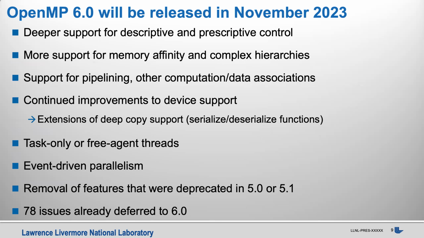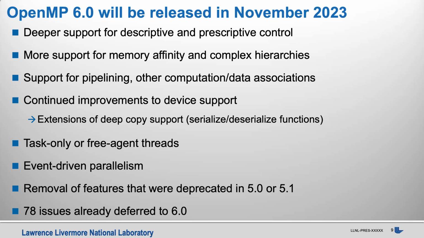So finally, OpenMP 6.0 is not being delayed as a result of the decision to release 5.2, so it will still be released in 2023. We expect many significant enhancements for it. We've got many things that we've already been discussing and that we deferred from 5.1 as being too significant for a minor release.